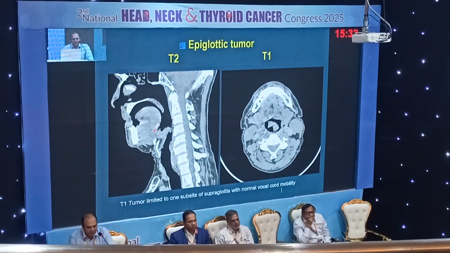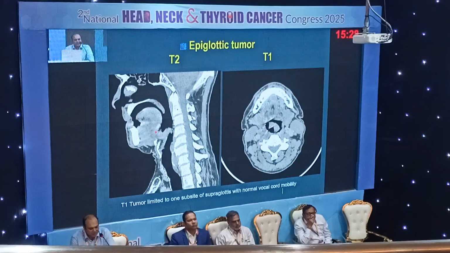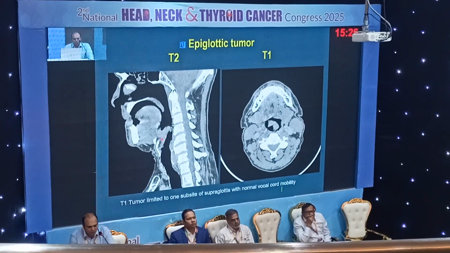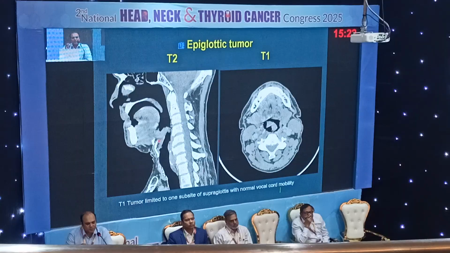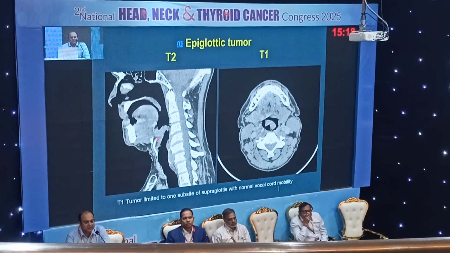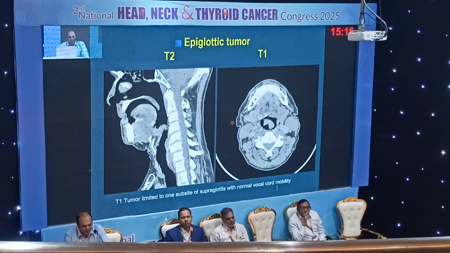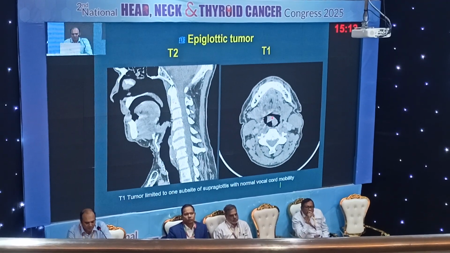Only when it extends into the extrinsic muscles of the tongue does that become a T4 disease. Till then it is a T2 disease. You should always look whether the pre-epiglottic space is intact or not. If there is pre-epiglottic space involvement, that becomes a T3 disease, and there is a high chance for lymphatic spread. And here you can see there is a bulky T1 epiglottis.